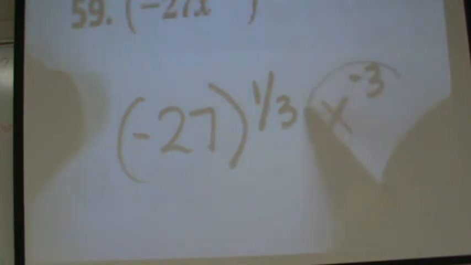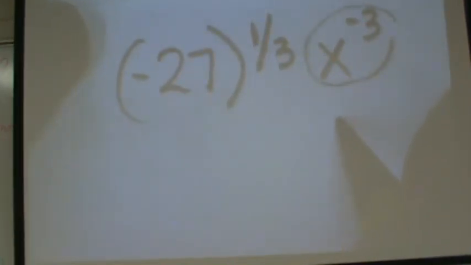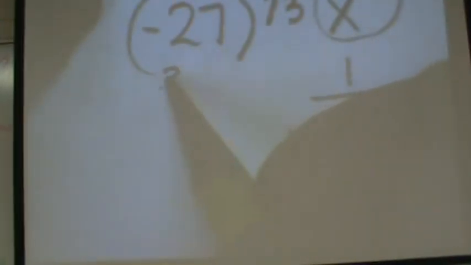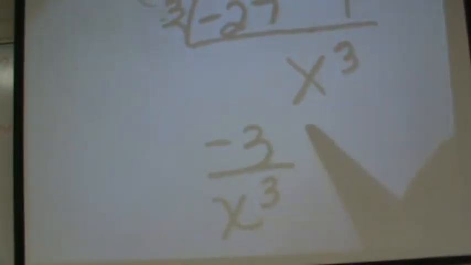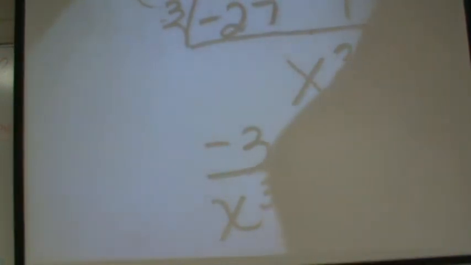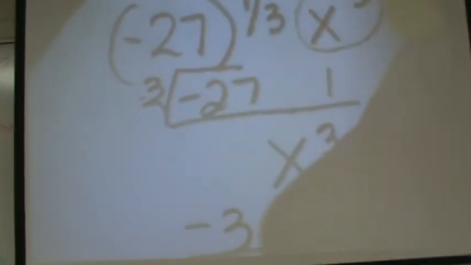So this is a negative exponent, so this is going to be 1 over x cubed. And this is saying the cube root, in the numerator you're going to have the cube root of -27, which is -3. So this answer should be -3 over x cubed.